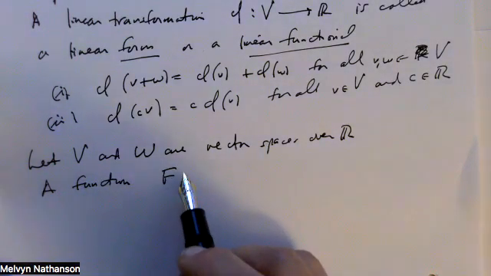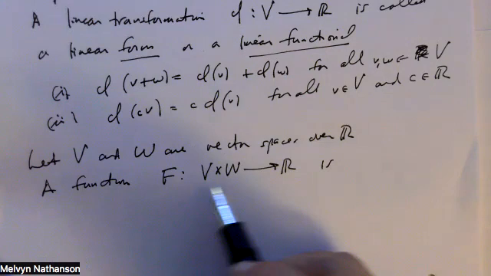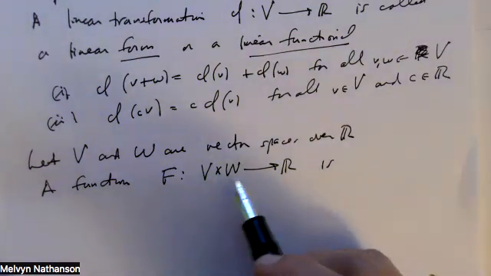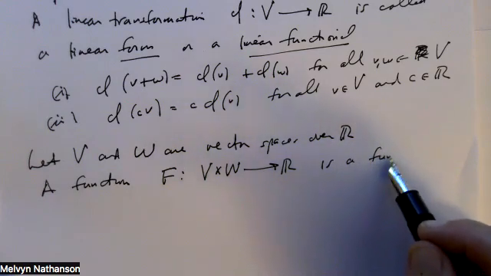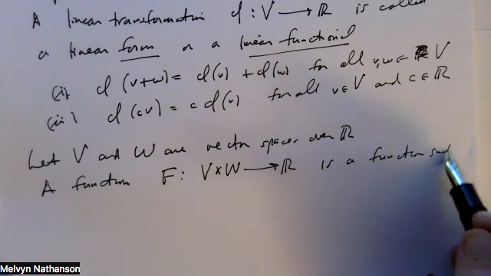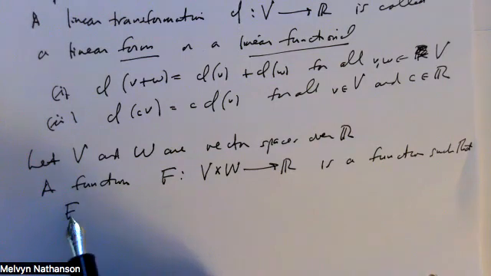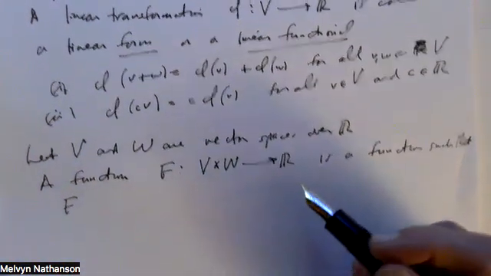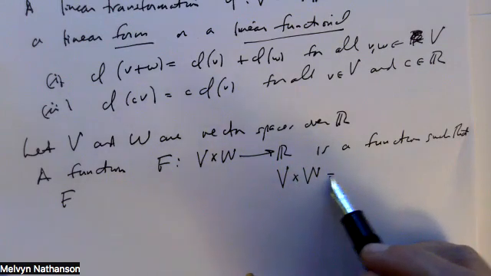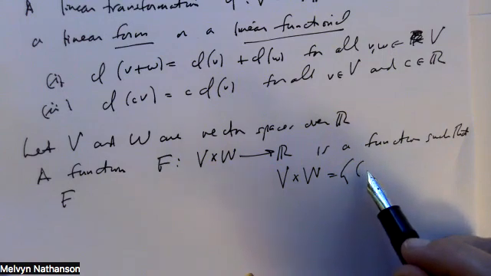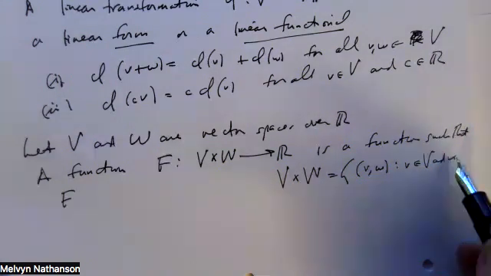A function f from V cross W into R. Maybe let me just say what is V cross W. V is a vector space, W is a vector space. V cross W is the set of all ordered pairs of vectors (v, w), where v is in V and w is in W.